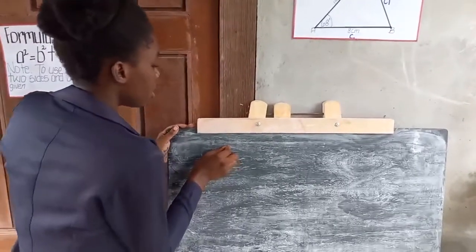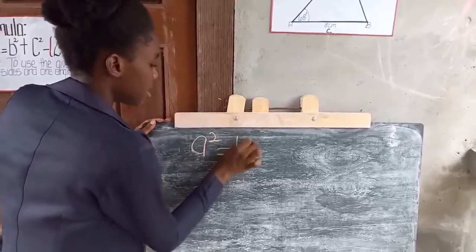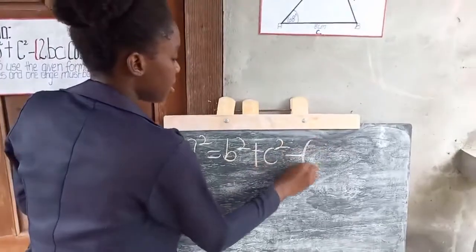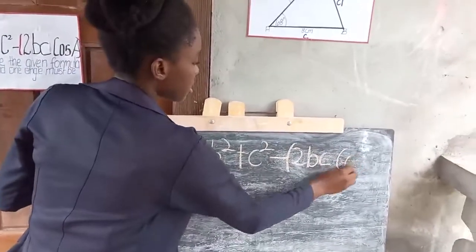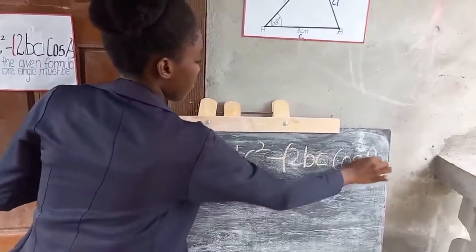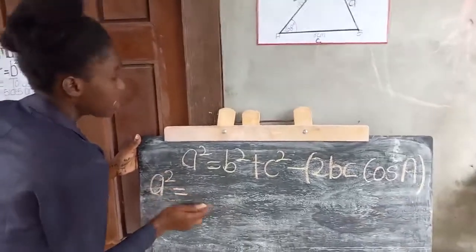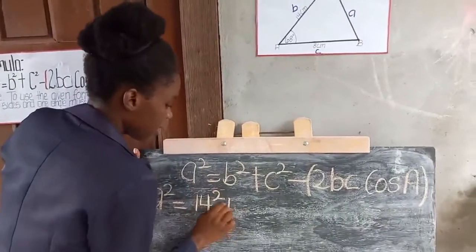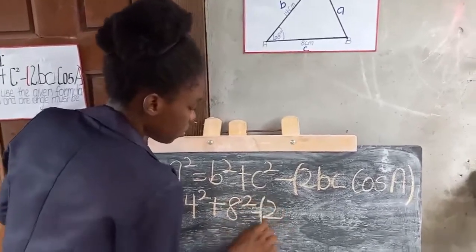Our formula is a squared equals b squared plus c squared minus 2bc cos A.